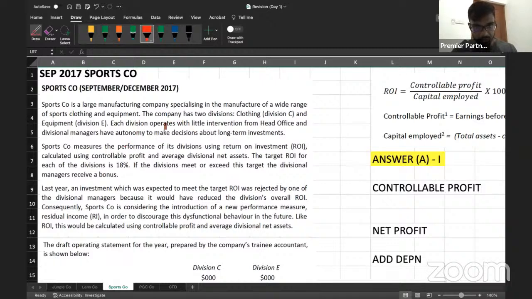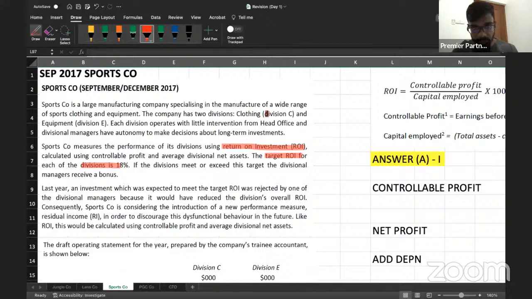Each division operates with little intervention. Brilliant. Sports company measures the performance of its divisions using ROI. So this is their performance measurement metric. There's a target ROI. Target ROI for each division is 18%.